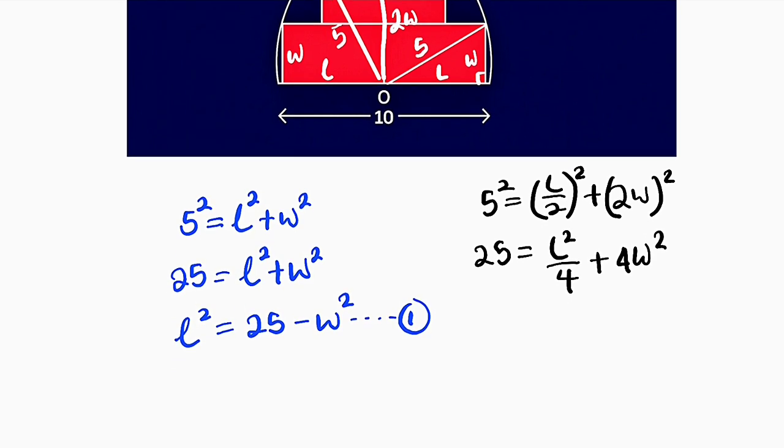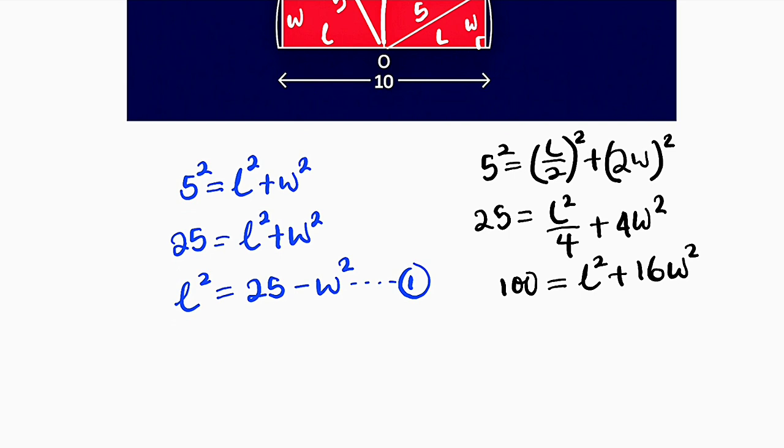Let us multiply every single term by 4. 4 times 25 is 100. This is equal to L squared divided by 4 times 4, which is just L squared, plus 4 times 4, which is 16w squared. Let us also make L the subject here. L squared is equal to 100 minus 16w squared. This is our second equation.